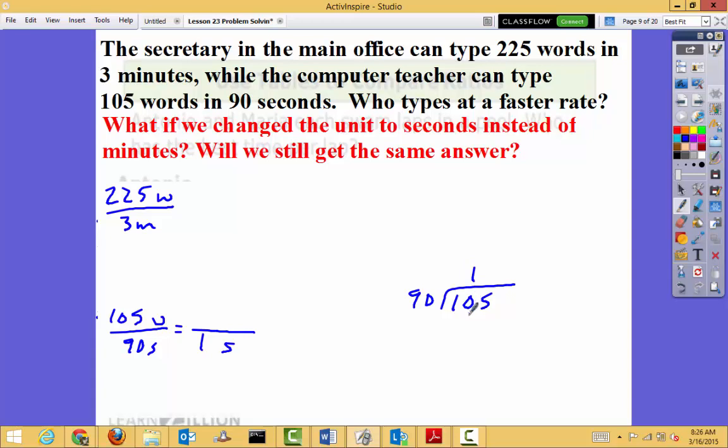It's going to go in 1 time. Oops, I'm sorry, not 1 time. In that spot, 1 time here. So I'm going to get 15. I add that decimal. I'm going to add a 0 to bring down. This is going to go in 1 time. 60. Add that 0, bring down. So it's going to go in what? 6 times.